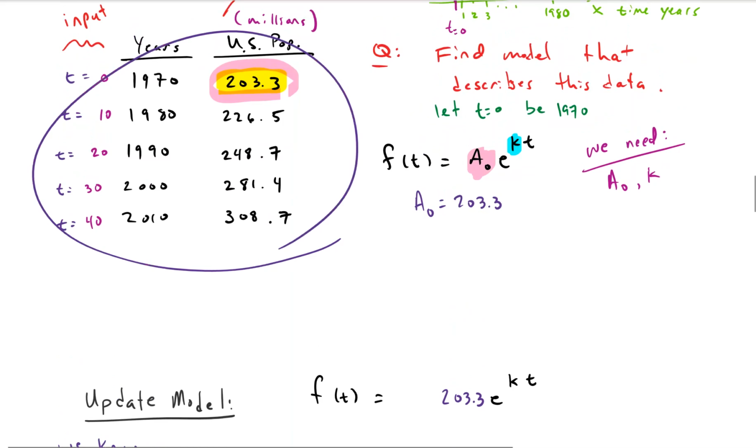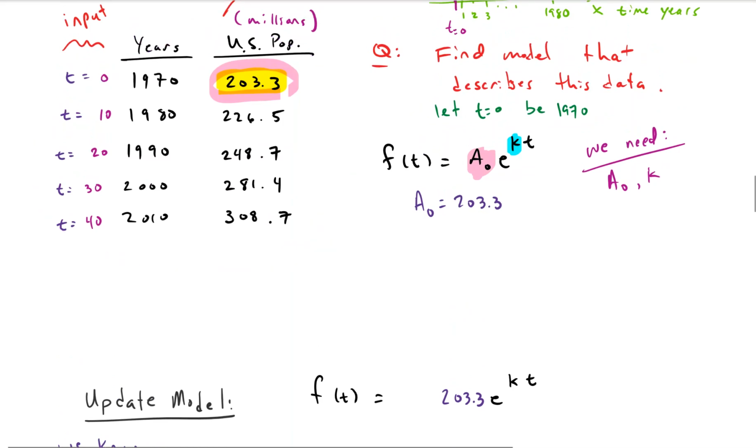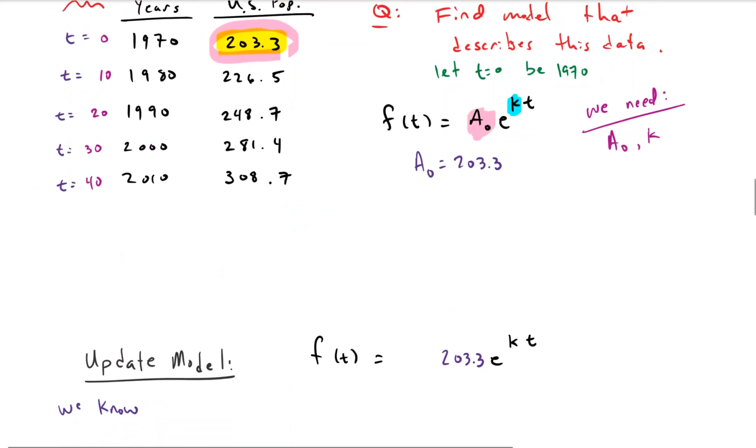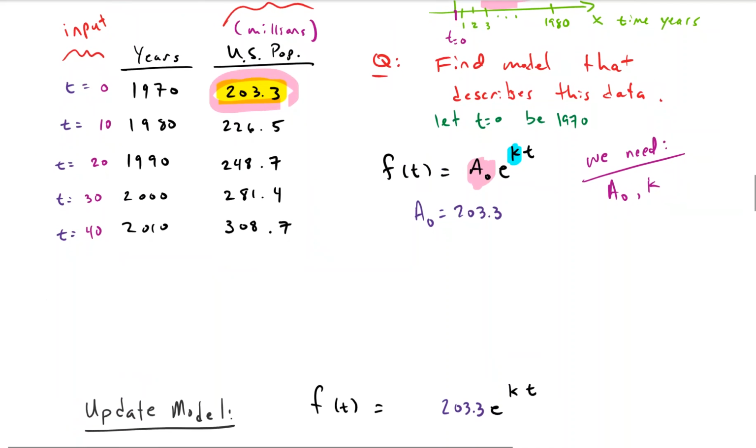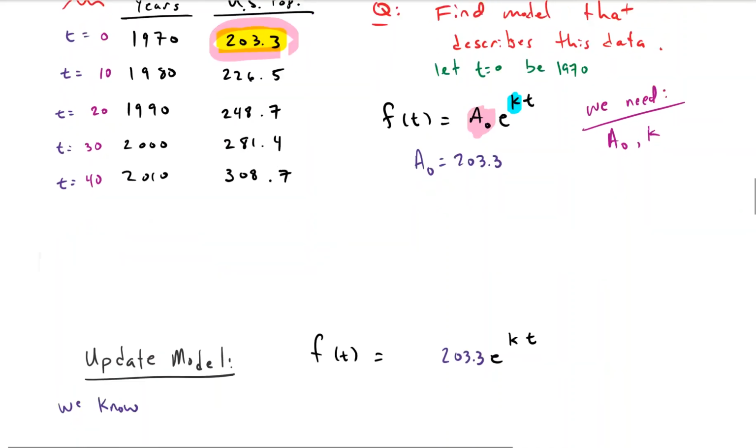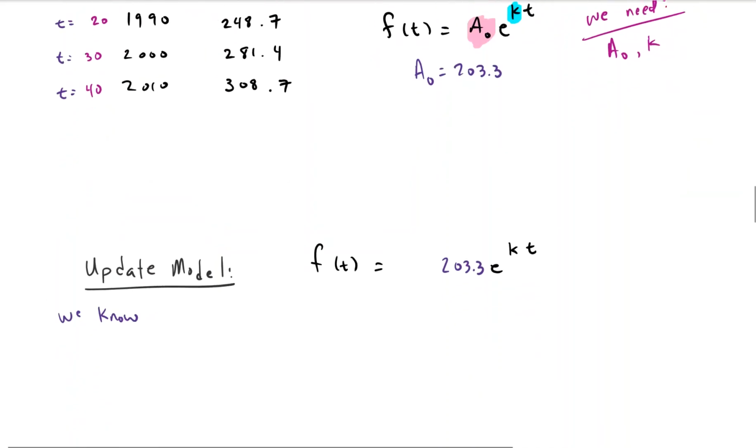We have all of that data right there that I just circled. So why don't we just pick a time and a US population and plug them in? Because if we did, that would really be awesome. We would be left with just one unknown, K, and then we could solve for K. So we know, for example, t equals 10.